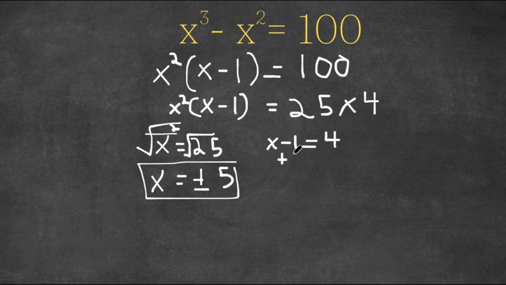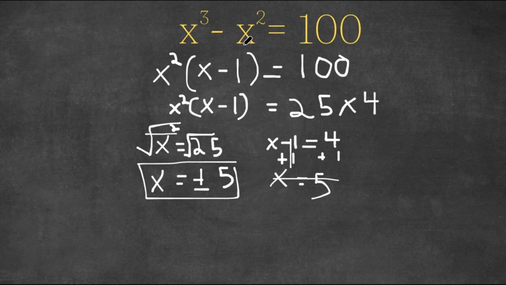Well, we would add 1 on both sides, and if we do that, we get x, these two cancel out, equals 4 plus 1 is 5. However, as you can see, 5 is already one of our solutions, so this is just unnecessary. We already have this as a solution. So we have x equals 5 and negative 5.